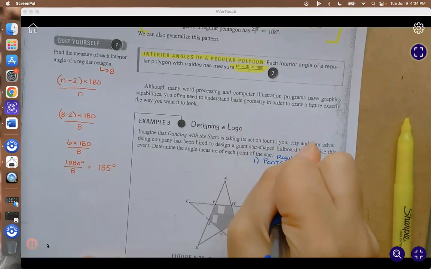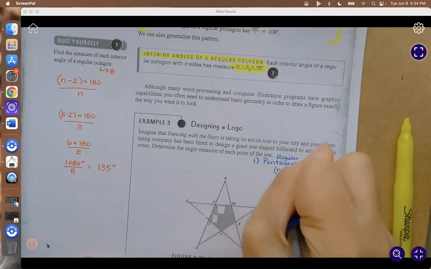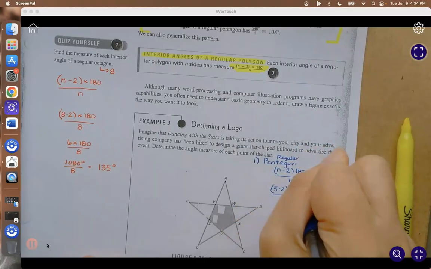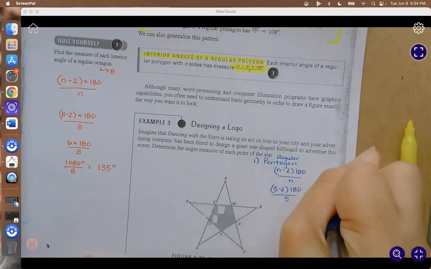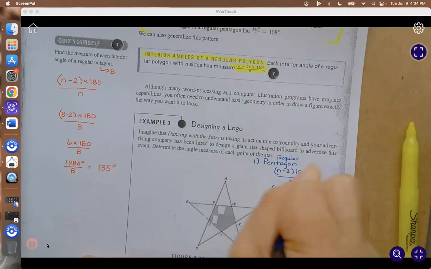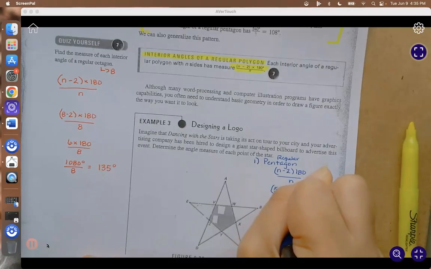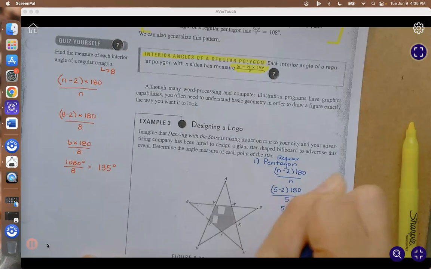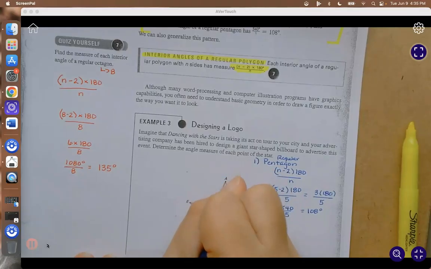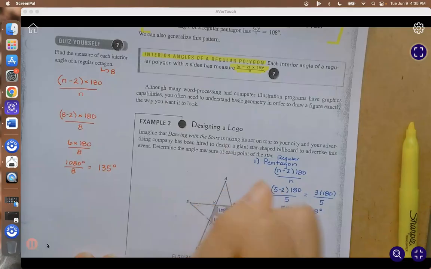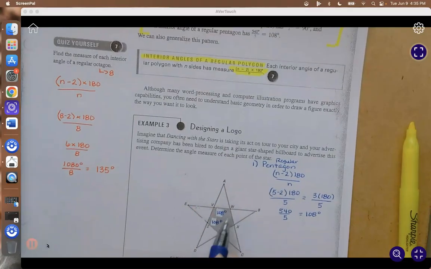So that's 5 minus 2 times 180 divided by 5. So that's 3 times 180 divided by 5. So that's 540 divided by 5. So each angle is 108 degrees. So this is 108 and this is 108. All of those are 108.